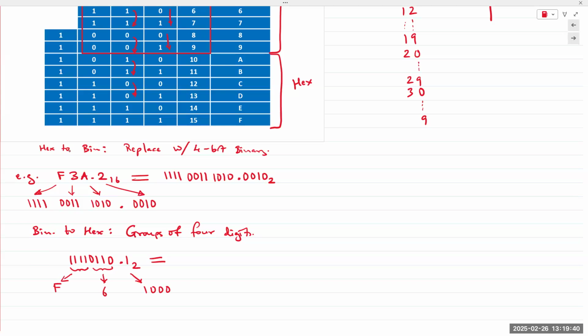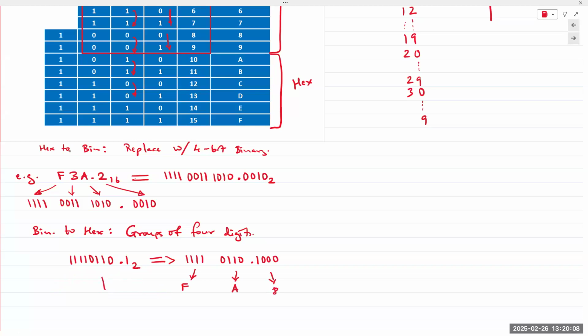And so this one, actually I wrote it in the wrong place. F, A, and 0.8, sorry, not 2, 8.